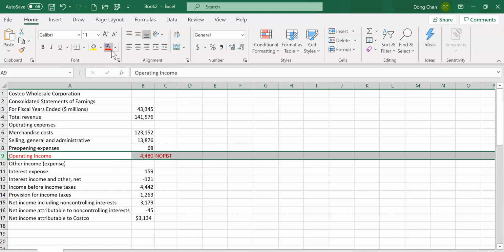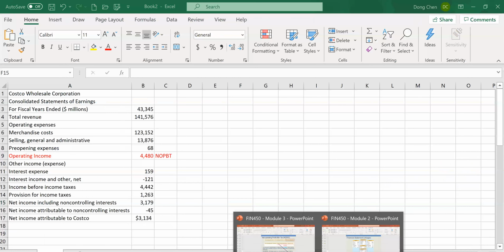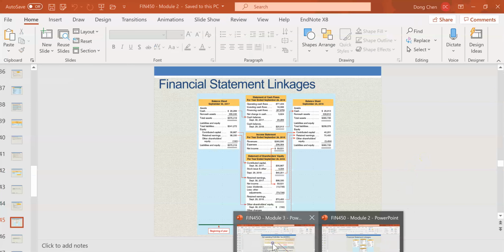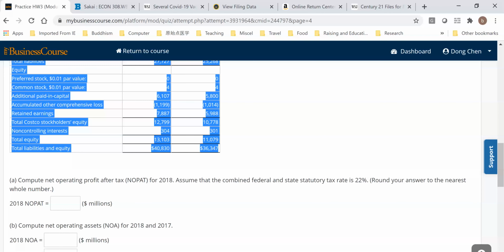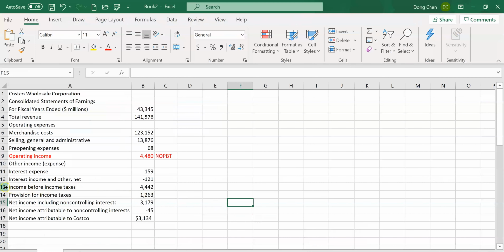Let me mark this in red, and then go back to the formula. In addition to that, we also need the tax on operating profit, and tax on operating profit equals tax expense, which is given here.